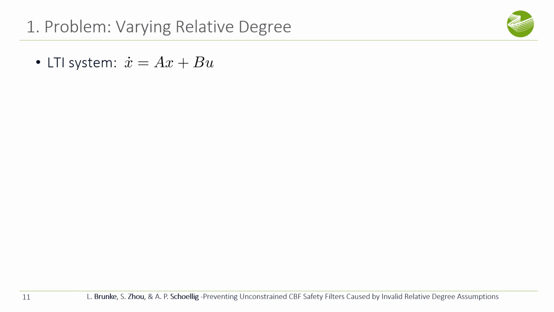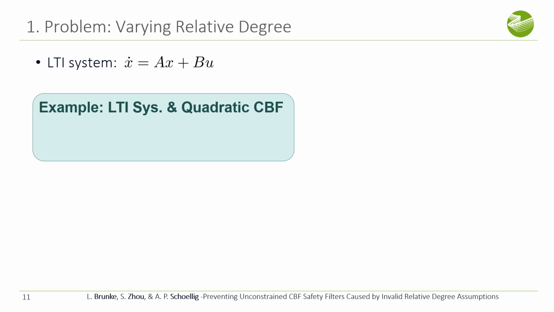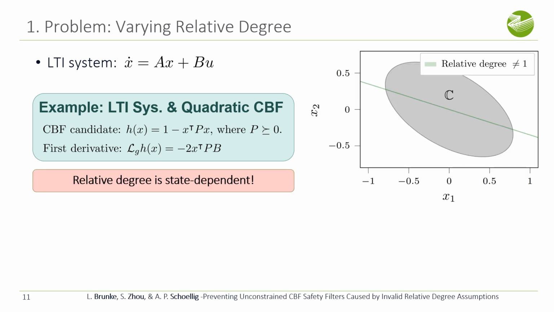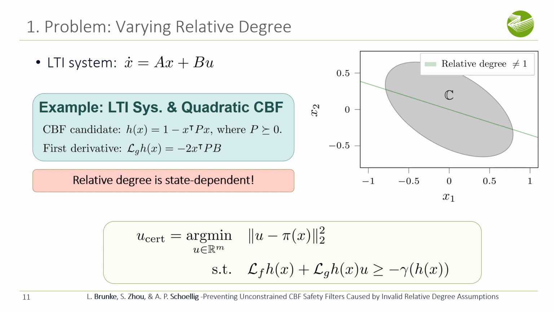Let's consider a third example, where we have a linear system now with a quadratic CBF. In this case, the relative degree is state-dependent, and there's a line of states where the relative degree is not equal to 1. For those states, the control input has no effect on the condition, and arbitrary inputs can be certified, such that the safety filter is unconstrained.